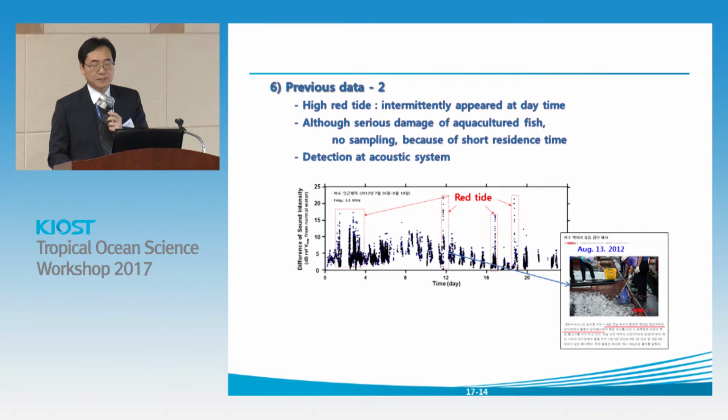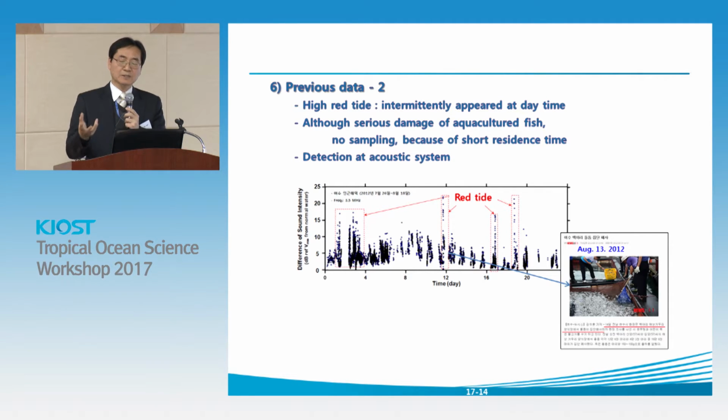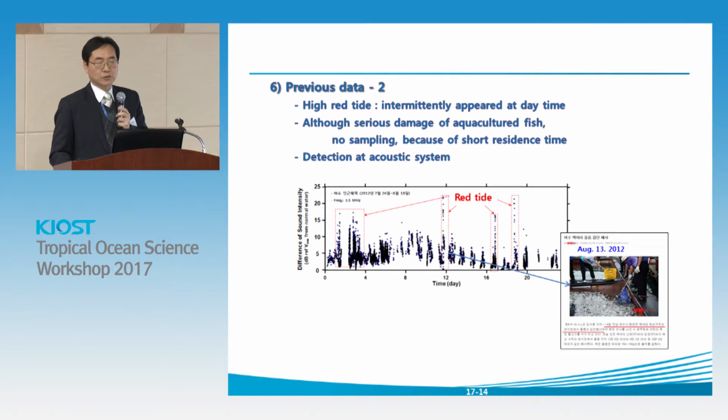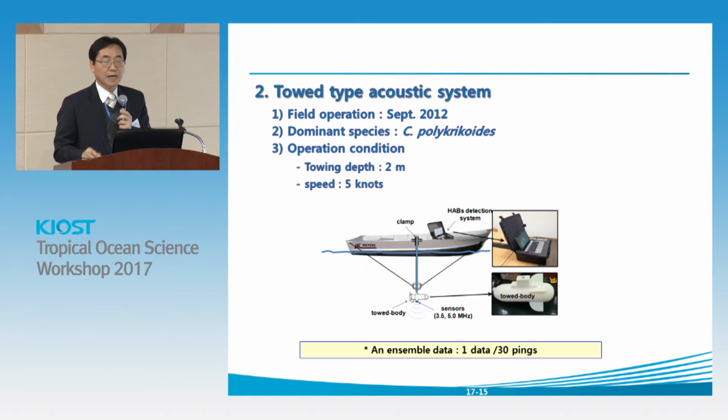During the daytime, the fishermen are alert, so they keep monitoring how the red tide comes to their fishing net, the aquaculture net. Once they see the red color by eye, they take measures like spraying clay. But at night they cannot do it. So fish kills occur mostly at night, and this kind of sensor is very effective in detecting nighttime occurrence of high density red tide.